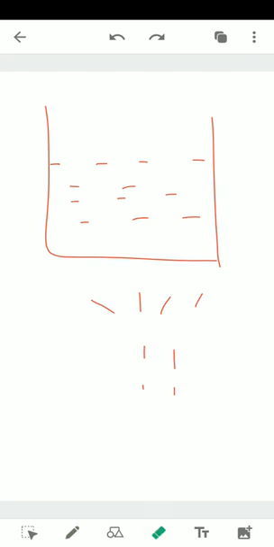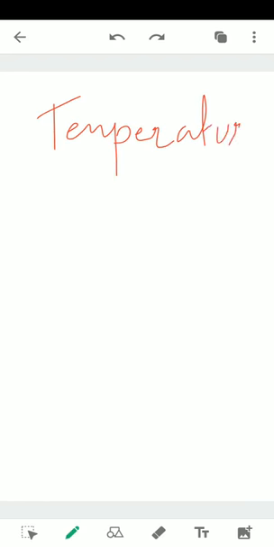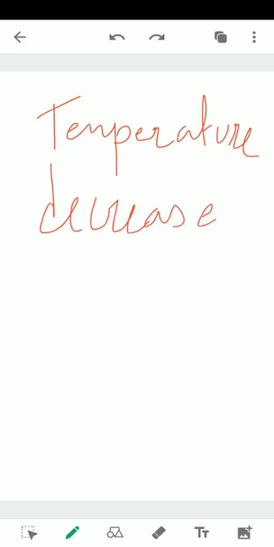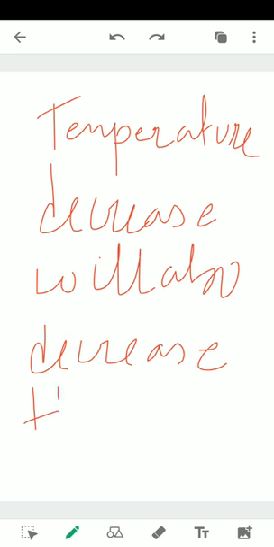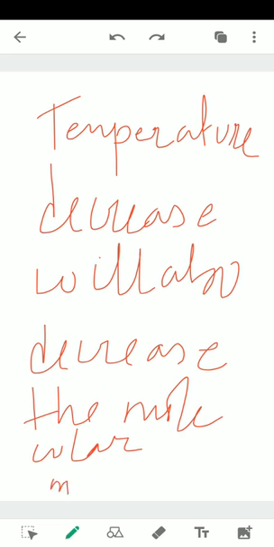So what I can infer from this is very simple. Whenever temperature decreases, it will also decrease the molecular motion.